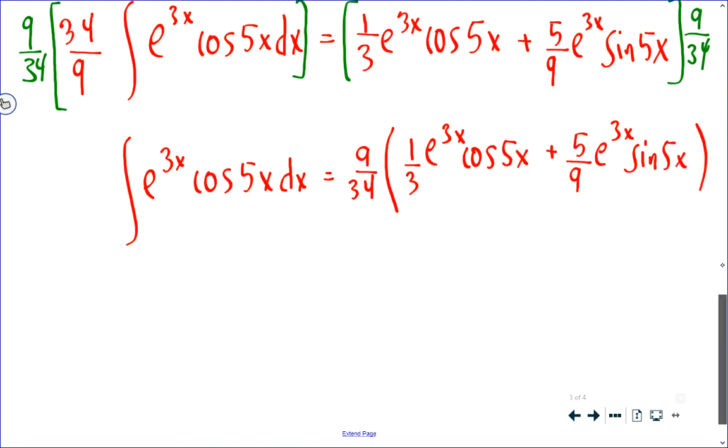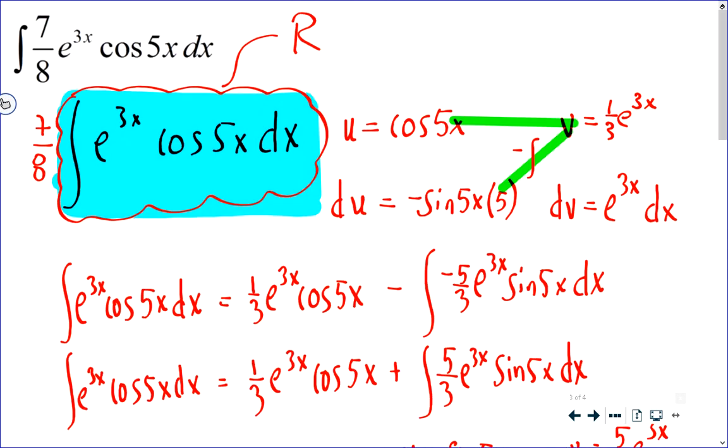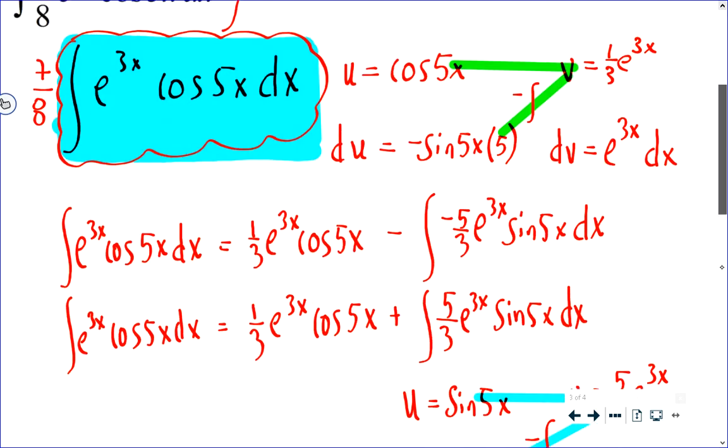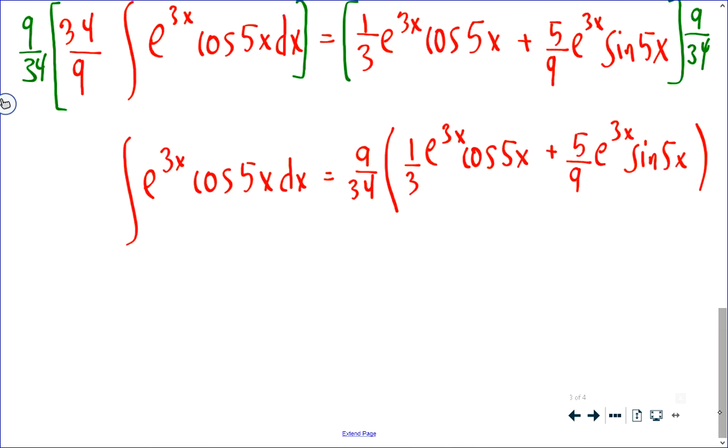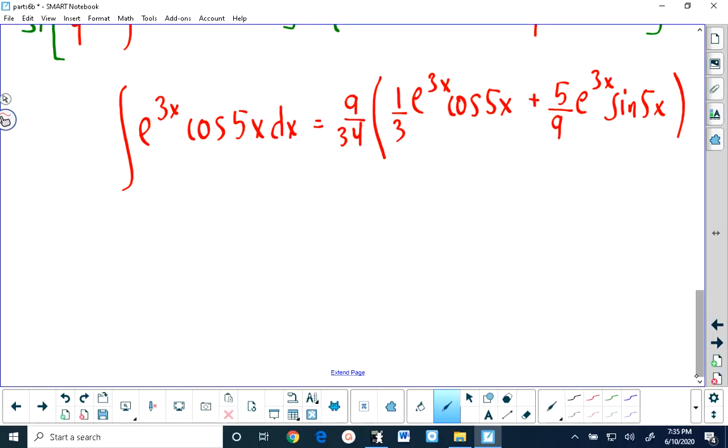Remember that the answer to this problem that I've made up is 7/8 multiplied by the integral of e to the 3x cos 5x dx. Well, the integral of e to the 3x cos 5x dx is this thing on the right. So if I multiply both sides of this equation then by 7/8, I would have my answer.